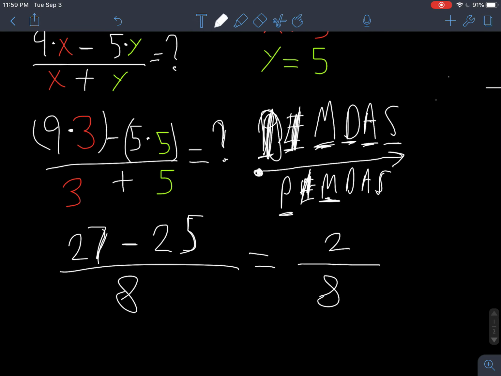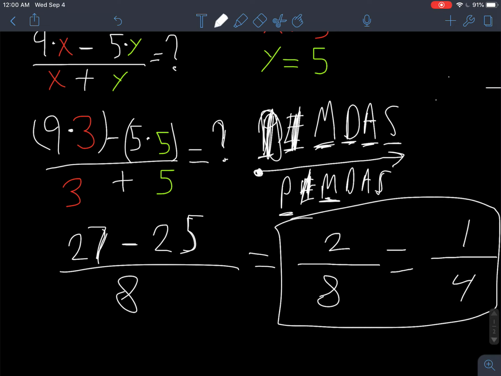But we can simplify this even more. 2 goes into 2 how many times? 1 time. And 2 goes into 8 how many times? 4 times. So it's 1/4. These two right here are the same answer. I don't know if he wants you to simplify or not.